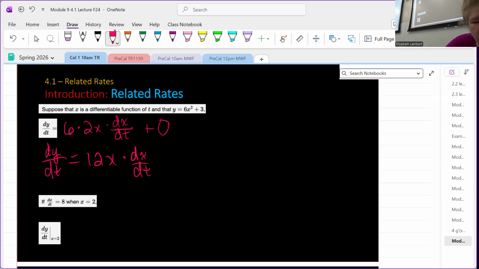Now, as part of the follow-up, it says if dx dt is 8 when x equals 2, then they want us to figure out what dy dt is at x equals 2. So dx dt might be changing depending on what position of x we're at, but they're telling us for our snapshot, when we freeze on x equals 2, our dx dt is 8. So these are substitutions we can make into our formula.